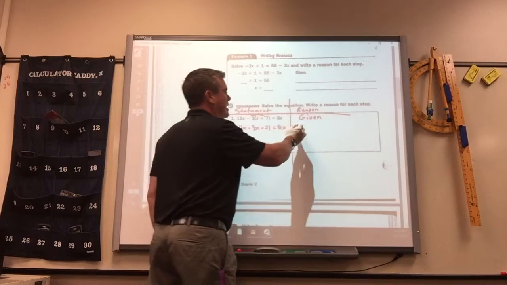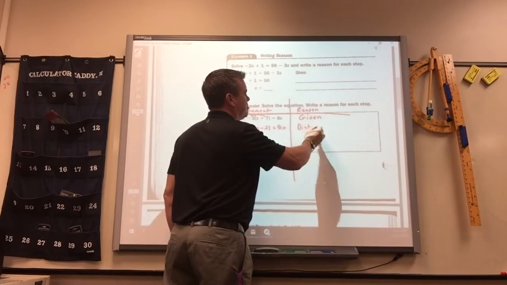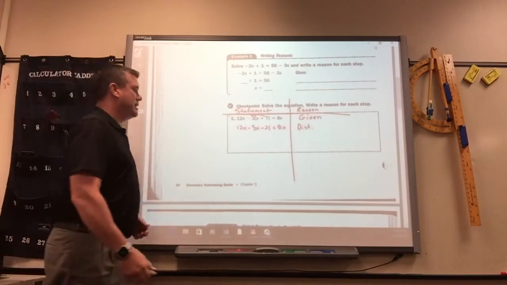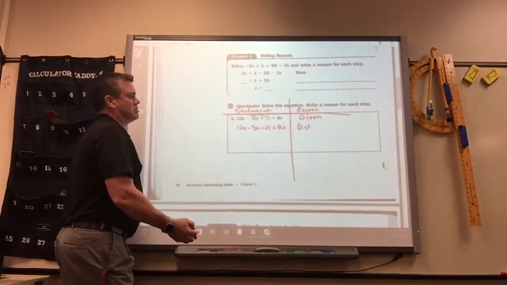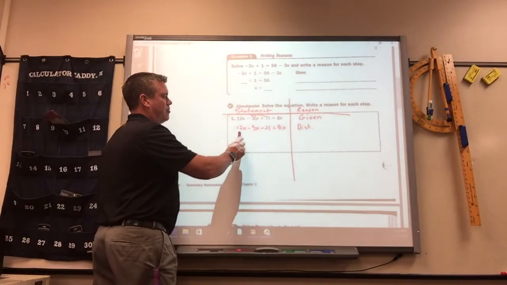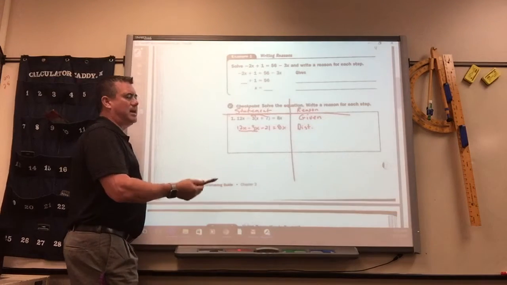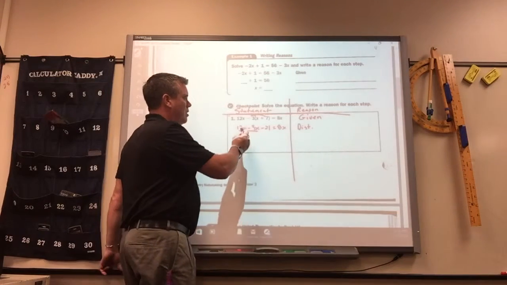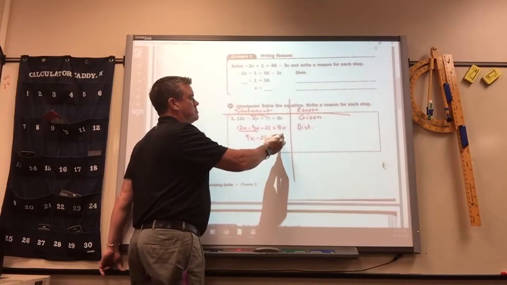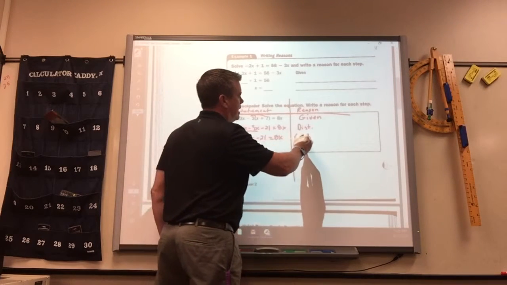So the reason I did that is the distributive property. So you put down what you did. Now what's the next step you do? Combine like terms. So that makes 9x. So all I did is combine like terms.